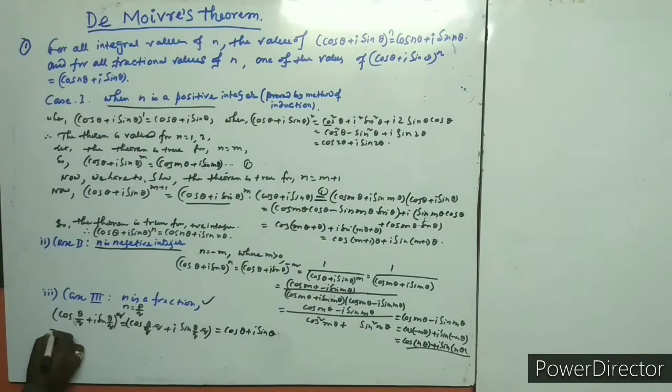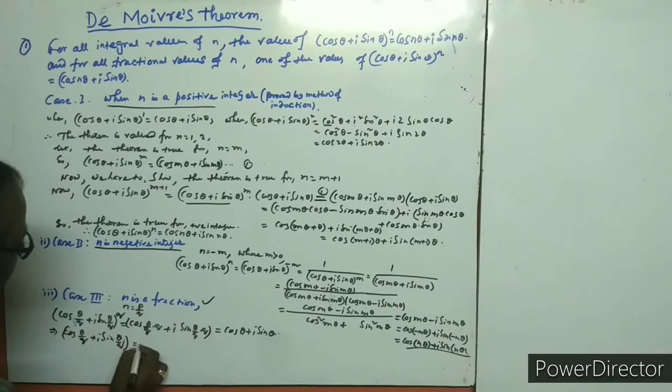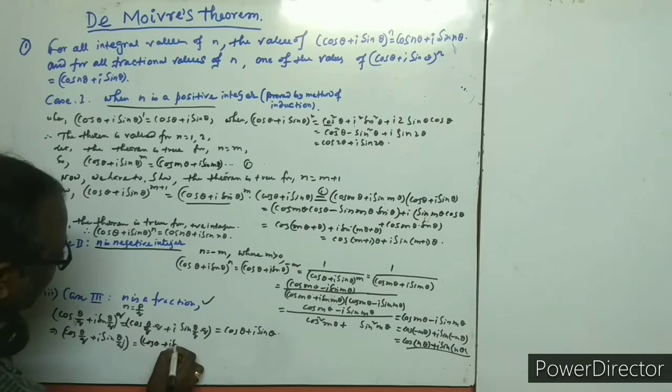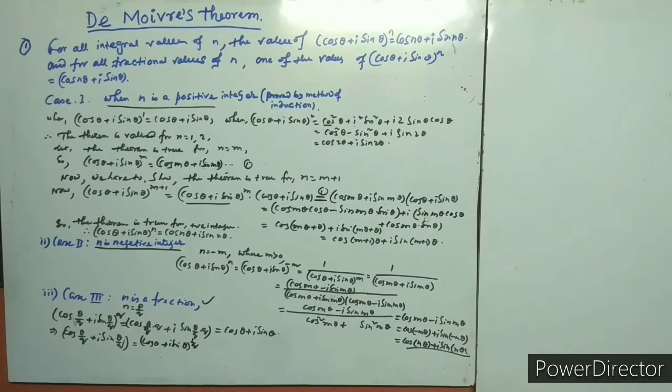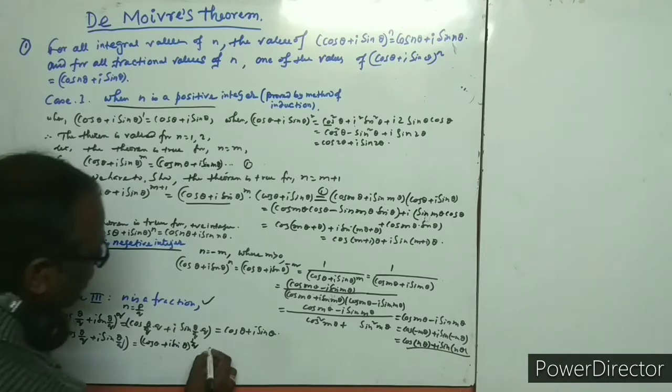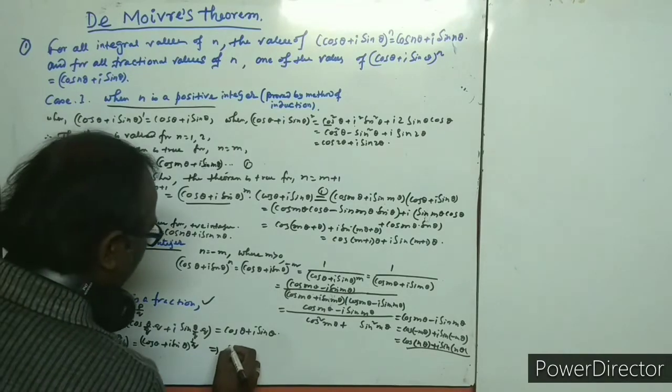So again rewrite this equation. This is i sin θ/q, and this power is transferred to this side as a reciprocal. This is (cos θ + i sin θ) to the power 1/q here. Okay, and now to the power p.